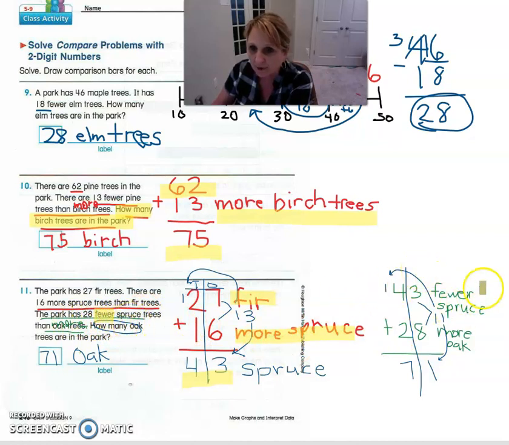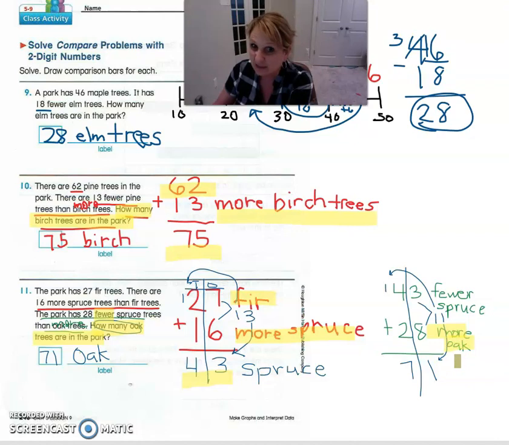Well, that's the number I already knew, my spruce trees. If there were fewer spruce trees, then that meant that there were going to be 28 more oak trees. And we want to find out how many oak trees are in the park. So 28 fewer spruce trees means there has to be 28 more oak trees.